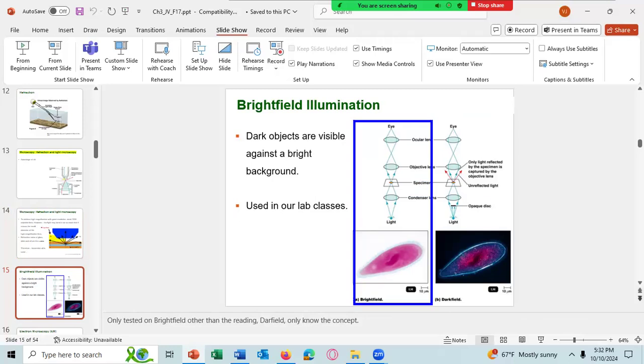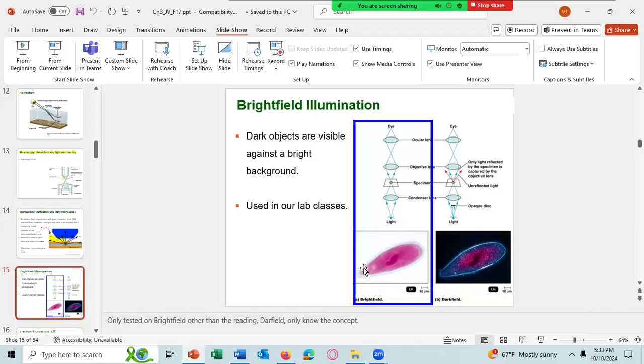All right, this slide is showing you the difference between bright field illumination and dark field illumination. Bright field illumination is what the microscopes in our lab use, and most microscopes use bright field illumination, where you have a light source down here, and the light goes through the condenser lens, is put onto the specimen, captured by the objective lens, and then you see the specimen with your eye.